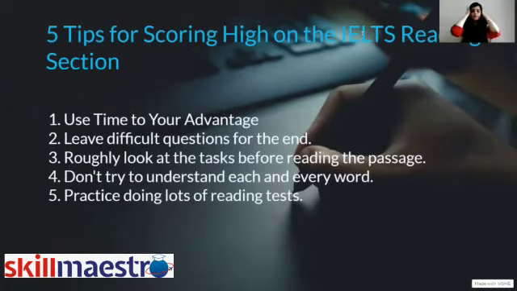So the 5 tips I was talking about. Use time to your advantage. So in the test, they'll give you some extra time to transfer your answers from your question paper to your answer sheets.